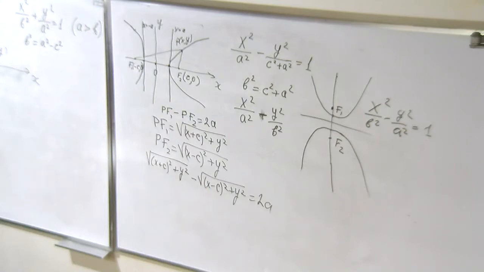Why is it called the second order curves?